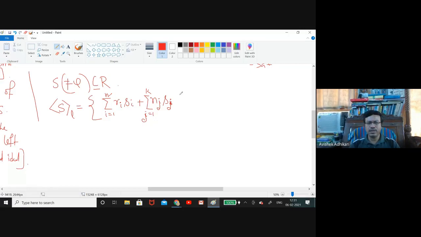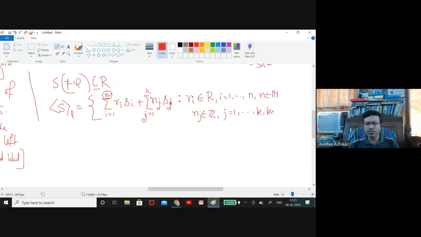Such that R_i belongs to R, i equal to 1 to n. Note that this n should also vary. You cannot make it fixed. This n belongs to natural numbers. Similarly, this N_j belongs to Z, j equal to 1 to k.